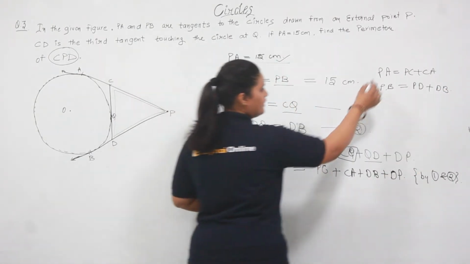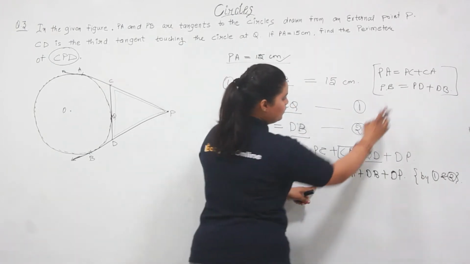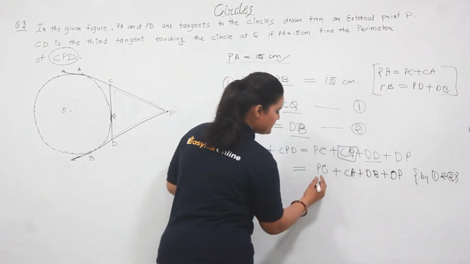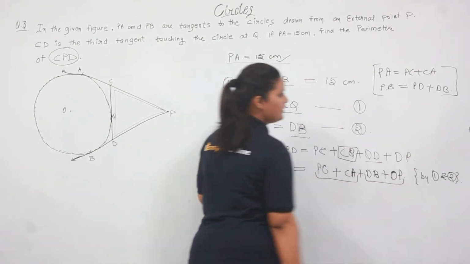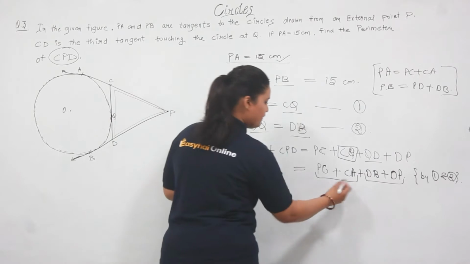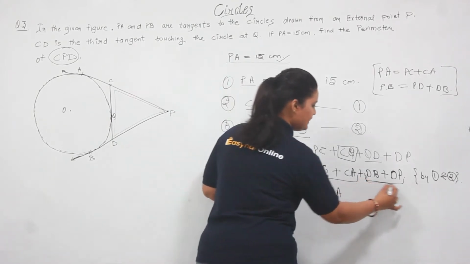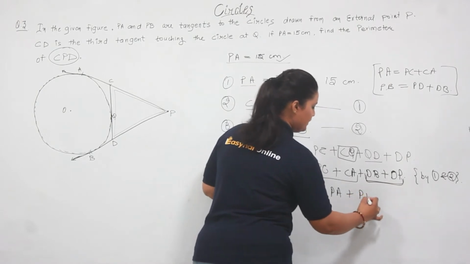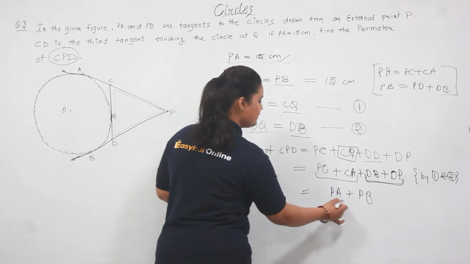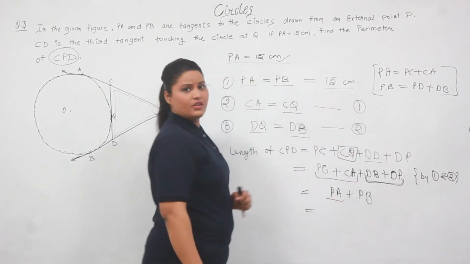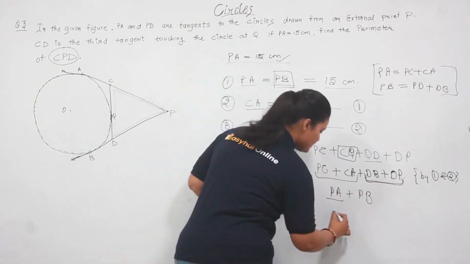So here I will use this. PA is equal to PC plus CA, and DB plus DP. So I will write it is equal to PA, and it is equal to PB. Clear? Now what is the length of PA? 15 centimeter, and what is the length of PB? 15 as well.